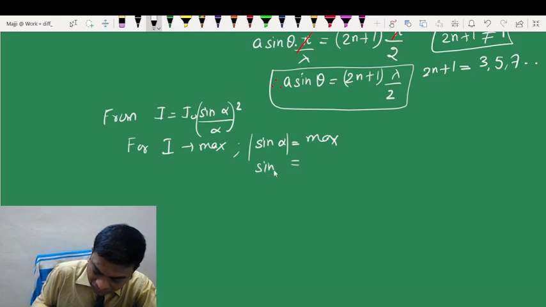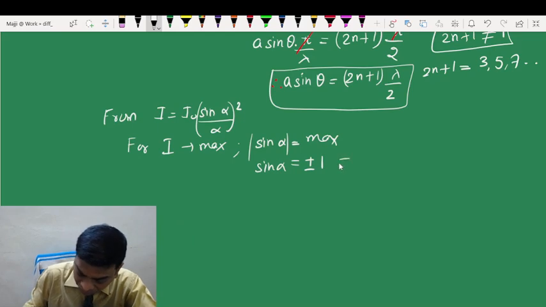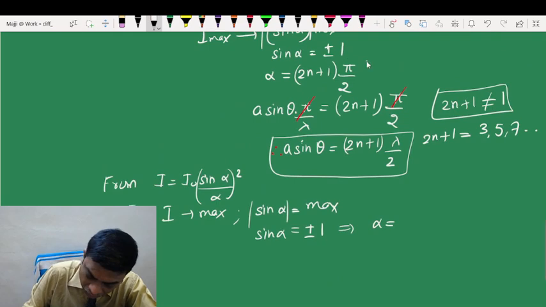So sine alpha should be plus or minus 1, which implies alpha is an odd multiple of pi by 2.